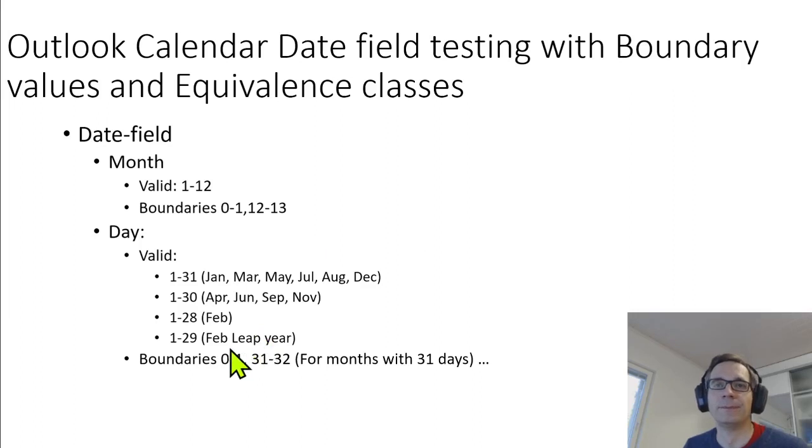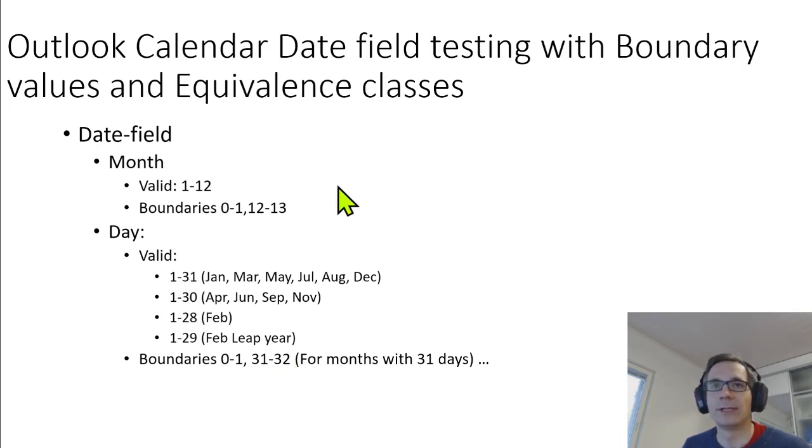Obviously, the thing that is missing is that February can have a valid range from 1 to 29 during leap years. Okay, so from the valid range, it is quite easy to build the boundaries. So for months with 31 days, the boundaries would be 0 and 1 and 31 and 32.